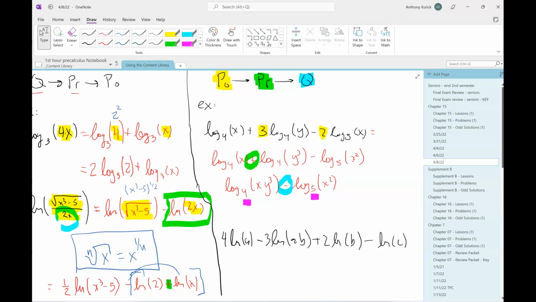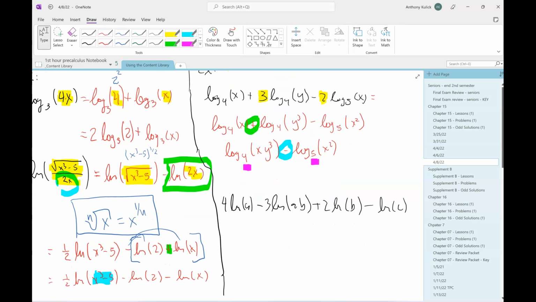Power property. Do I see any power properties? Yes. How many do we see? 3, because I see 3 coefficients. Remember, when we're condensing, we're looking on the outside, not what's going on the insides.